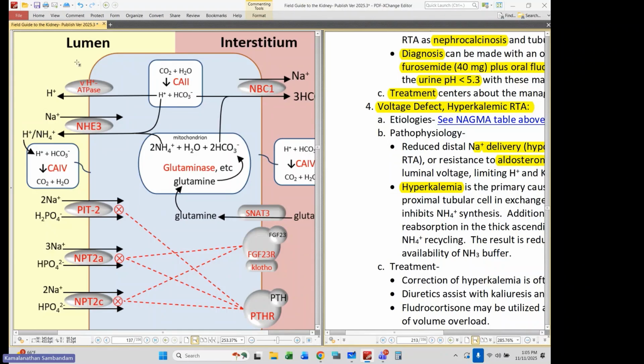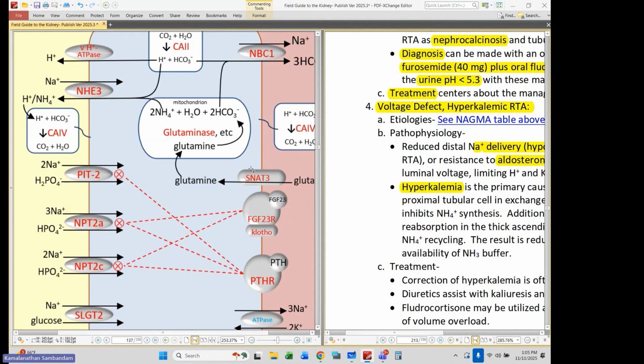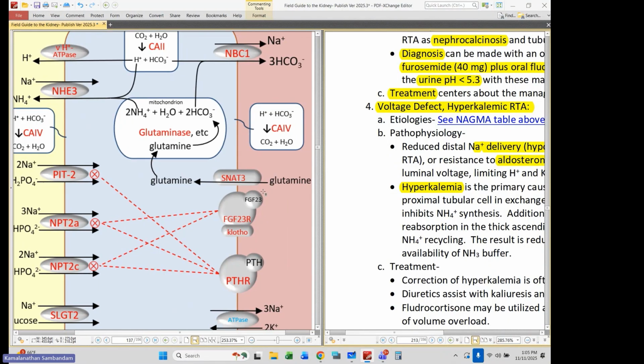If protons leave, then I get reduced glutamine transport in the cell. I get reduced metabolism of glutamine into ammonium, and so I generate less ammonium. So hyperkalemia of any cause impairs proximal ammoniogenesis.